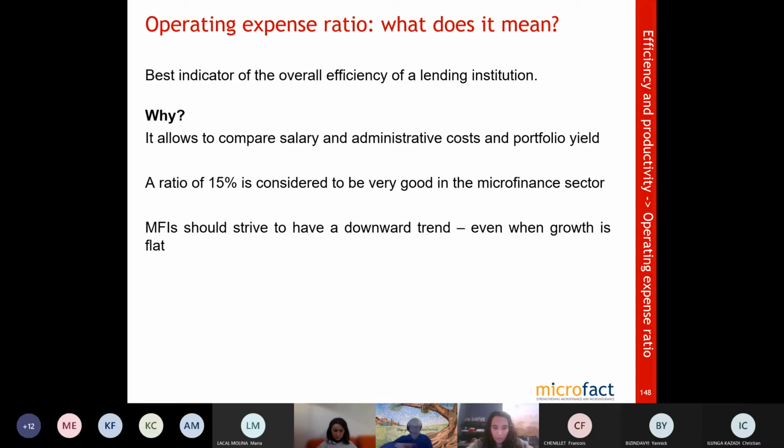So the quality is very important too. If the provision expenses are going up, somebody has to pay for that. That's the reason why we take the denominator gross loan portfolio. It makes this comparable to your interest rates, and that's the portfolio yield.